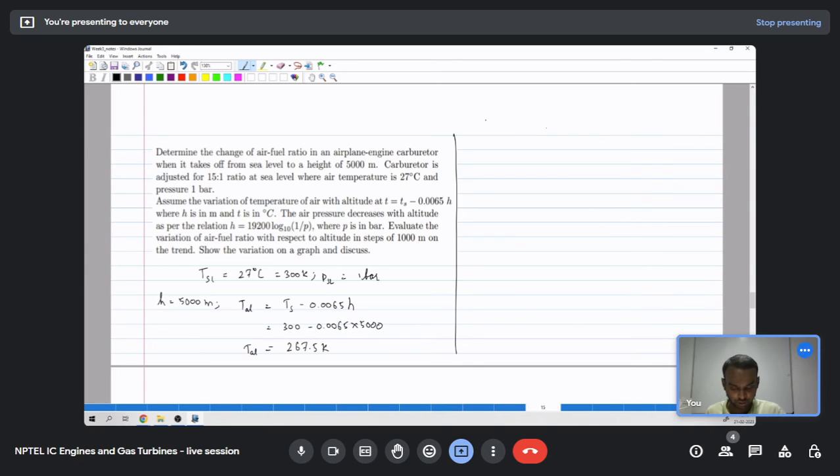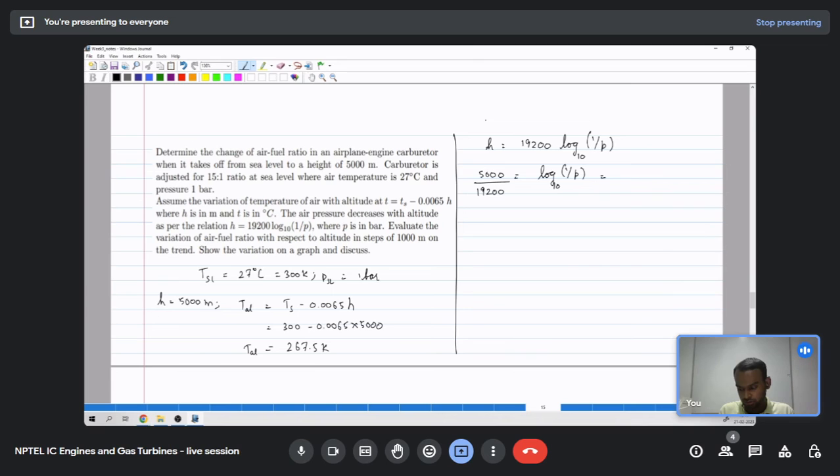Similarly for the pressure, we have H equal to 19200 log of 1 by P base 10, so we have 5000 here. Now P is in bar, and P is what we have to calculate.